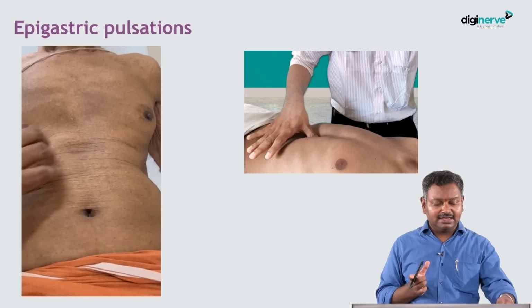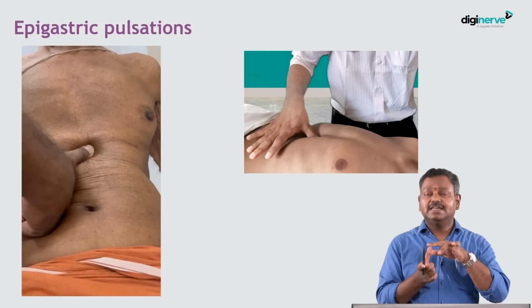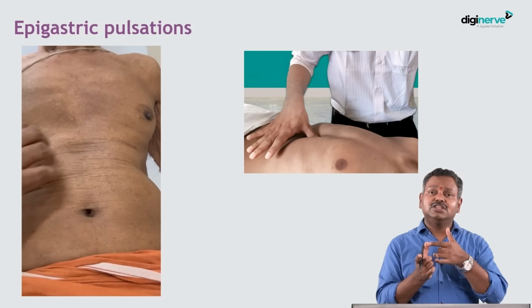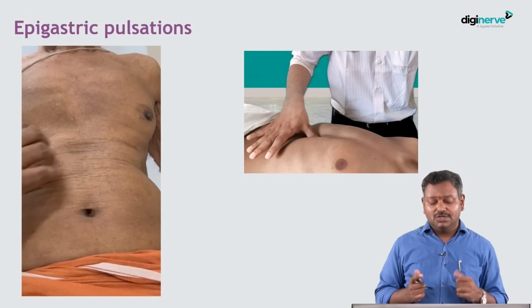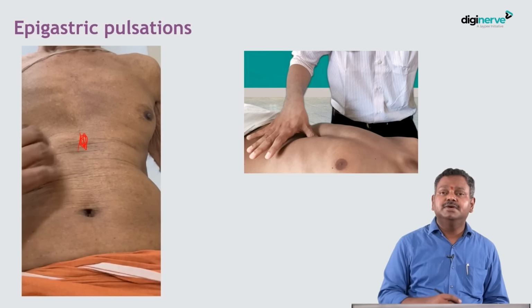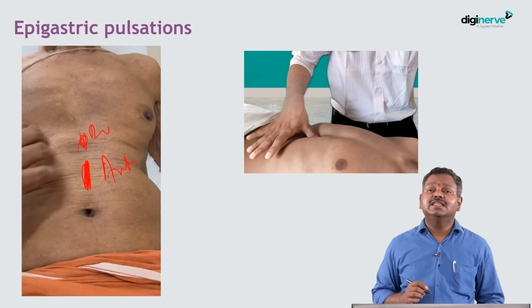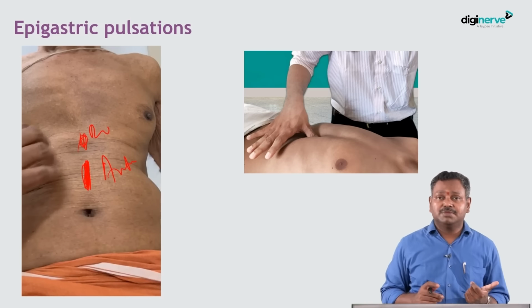You might feel the impulse on the tip of your finger. If you are feeling it on the tip of the finger, it is the right ventricle. If you are feeling it on the pulp of your finger, it is aortic. So this is one more thing that you have to feel, epigastric pulsation.